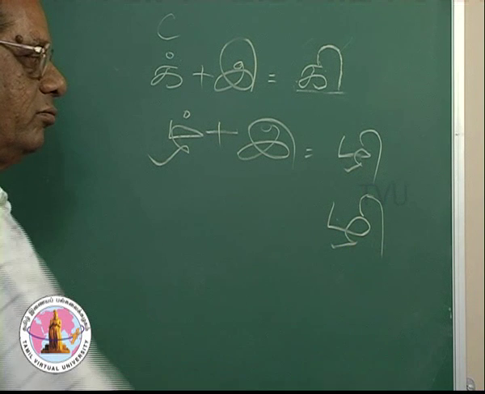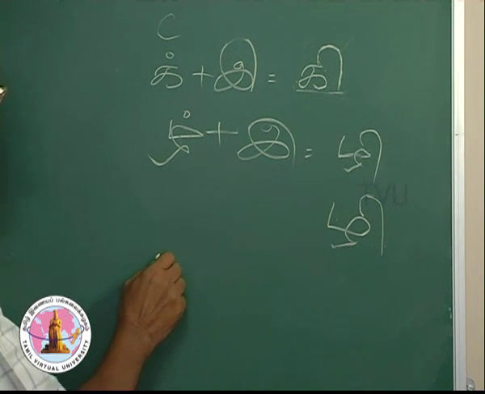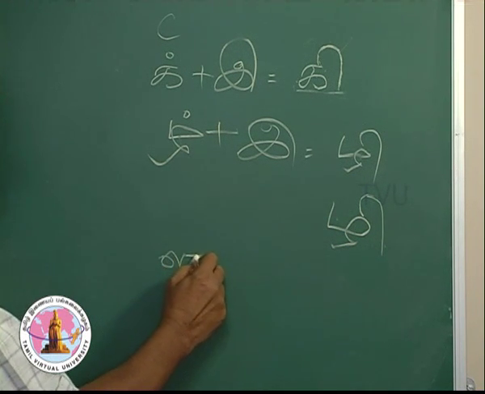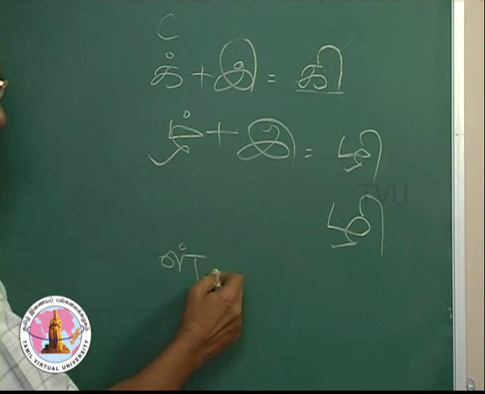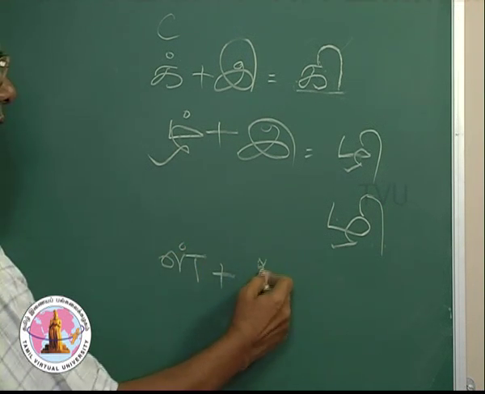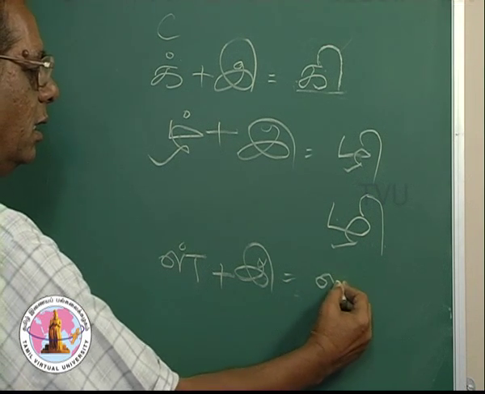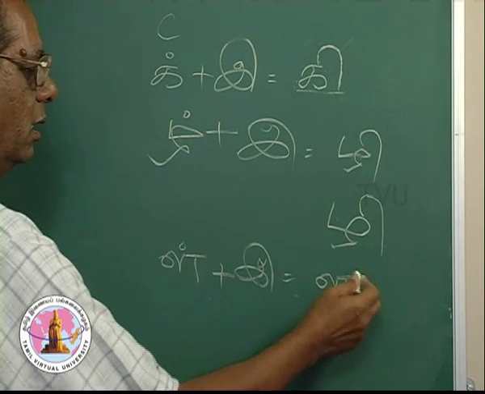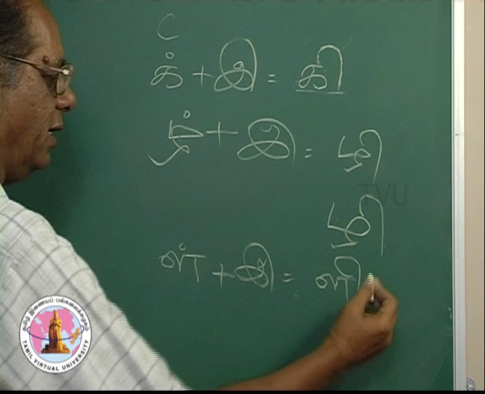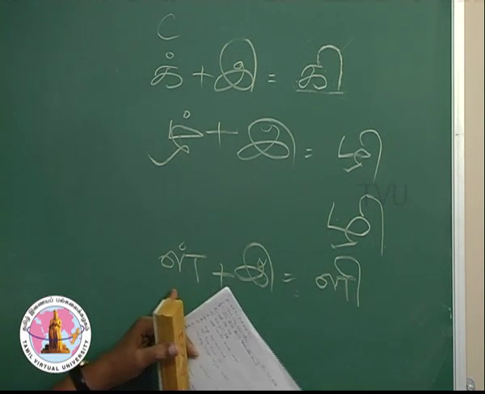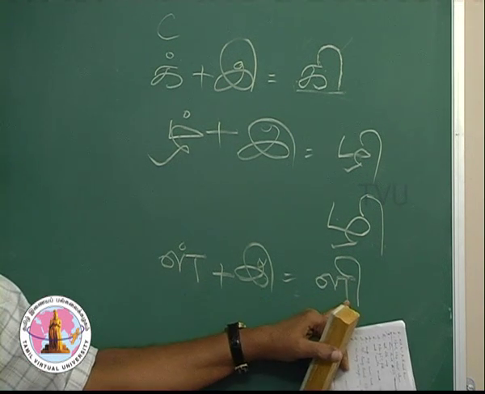Ri. And the next letter is la plus e, li. The marker is at the right end, la plus e, li.